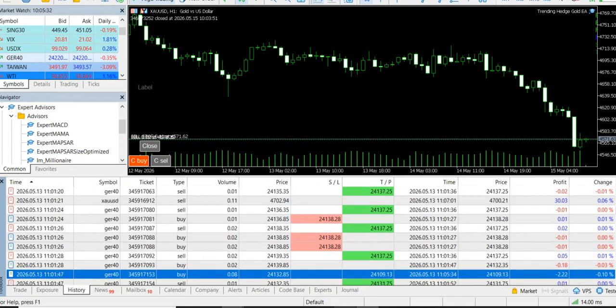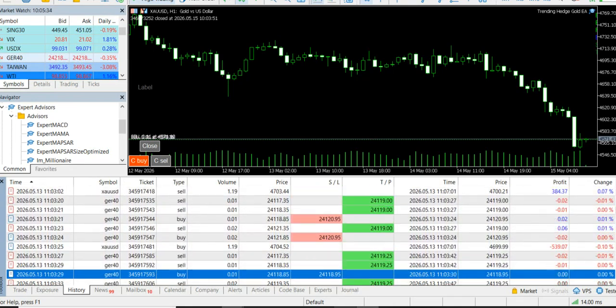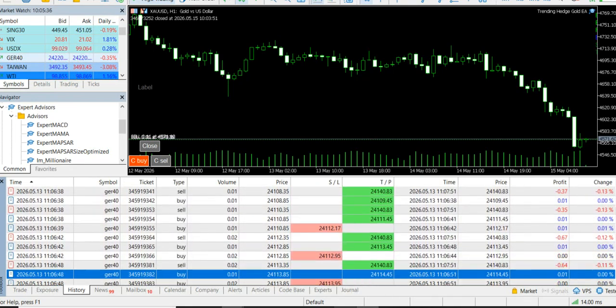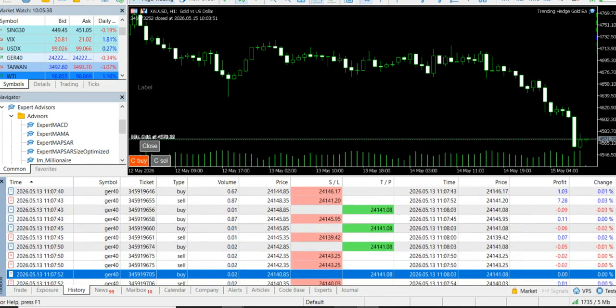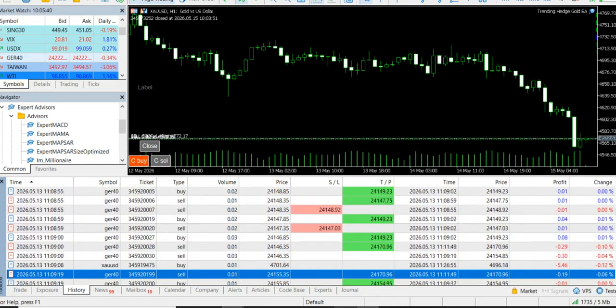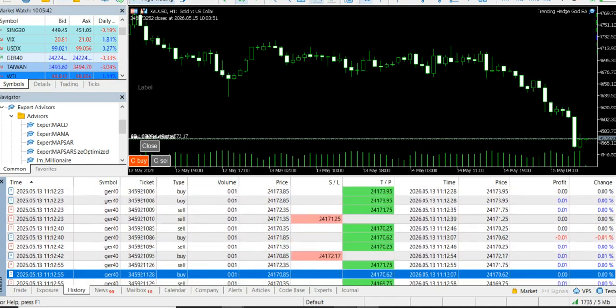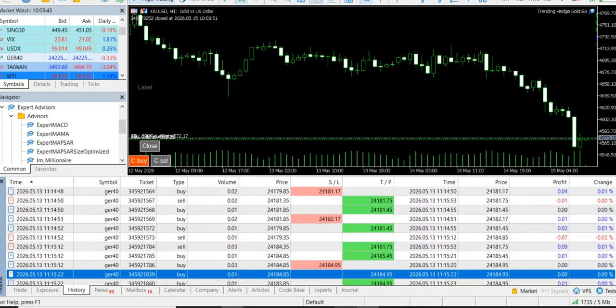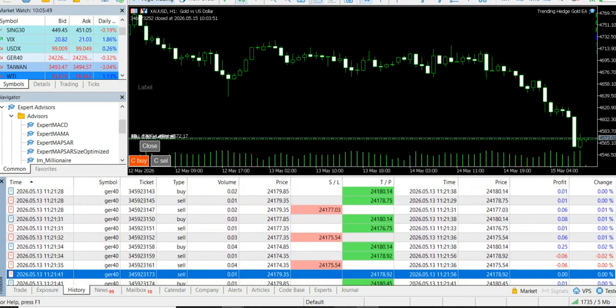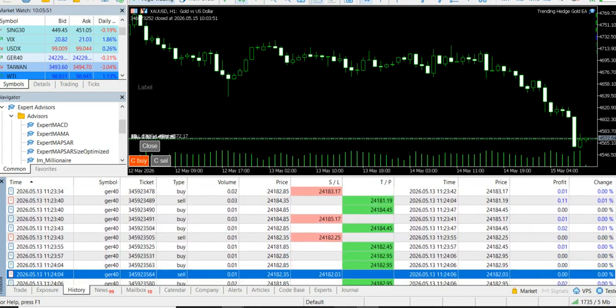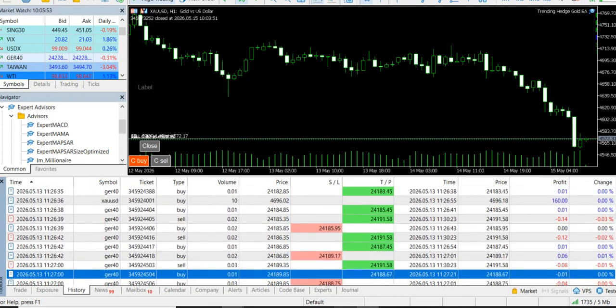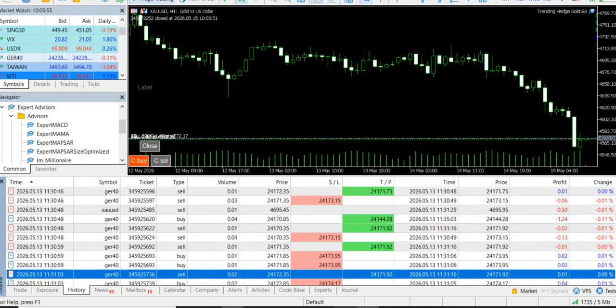This was just to check whether it is working on the new MetaTrader 5 or not. So please ignore this German 40 index also, because even that has not made any difference. It was not a big loss or a big profit. That was just to check whether that EA is working or not.